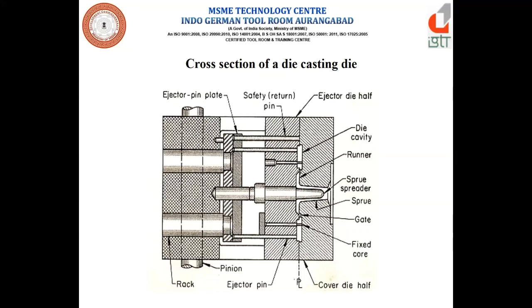For different metals, the gate thicknesses are different, depending on the size of the component we are going to produce. Generally it is from 0.8 to 2 mm. For aluminum, we are generally using 8 thickness.